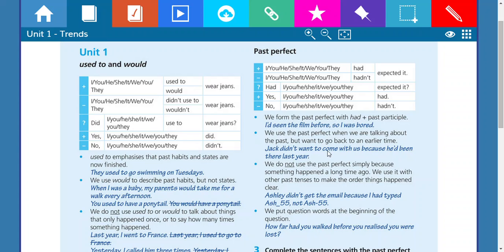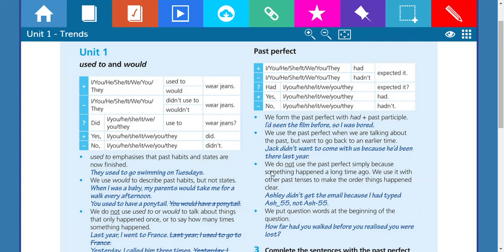Jack didn't want to come with us because he'd been there three years ago. So we use the past perfect when you are talking about the past, but you go back to an earlier time.